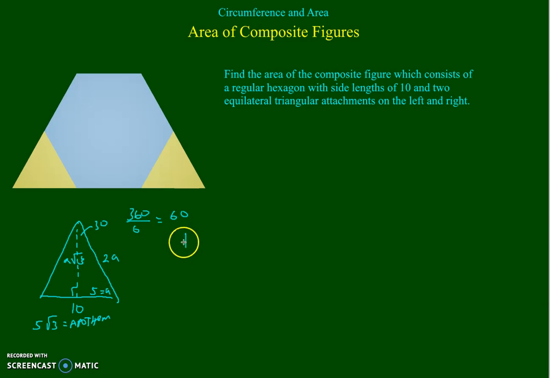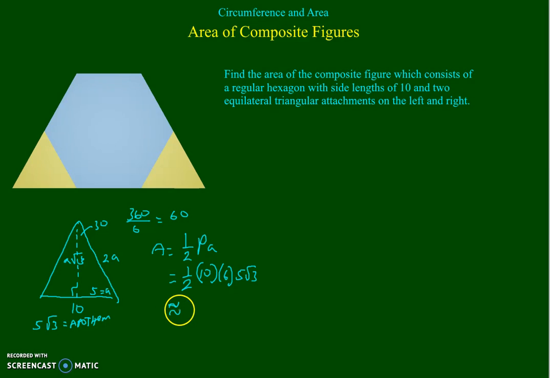That's our apothem. Now, let's go ahead and write down our formula for the area. That's 1/2 pa, and that's area, which gives us 1/2 times the perimeter, which is side length 10, times the number of sides. Since it's a 6-sided shape, it's 6, times our apothem, which is 5 square roots of 3.